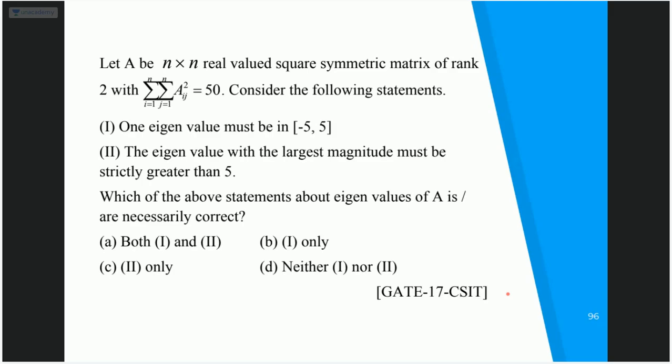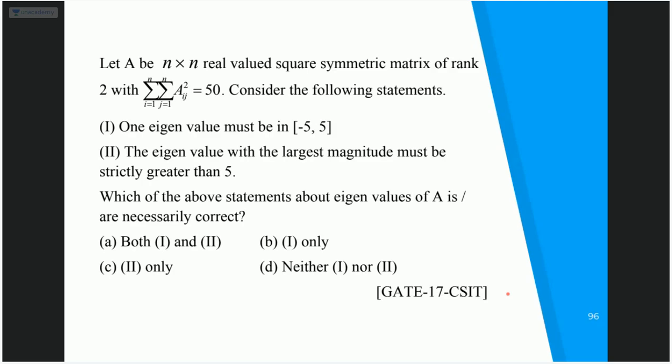Observe here. I have explained one property. If your matrix is n cross n, concentrate, if you have n rows identical, n minus 1 eigenvalues would be 0.